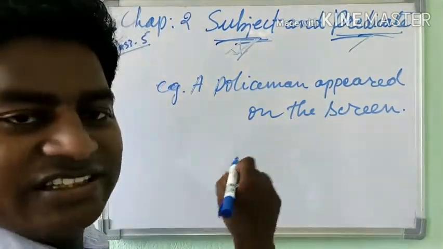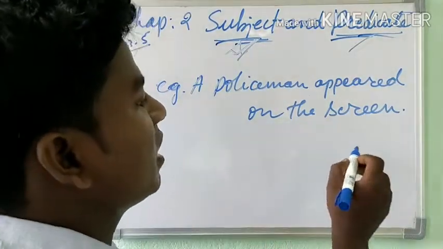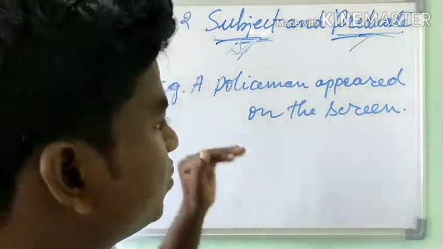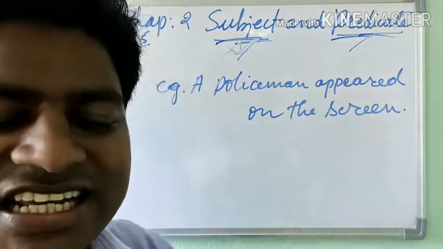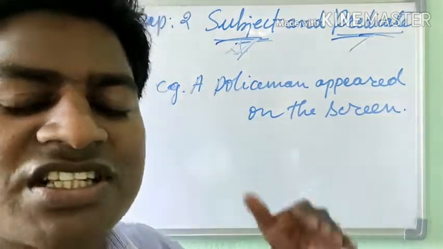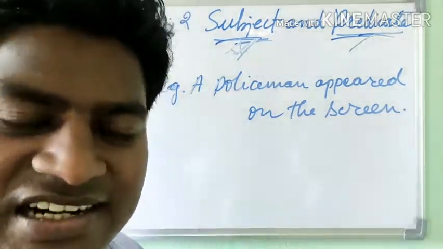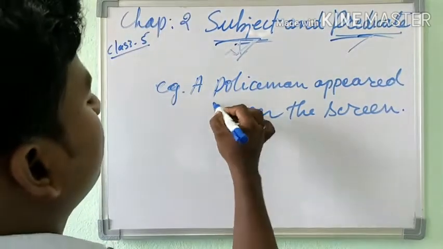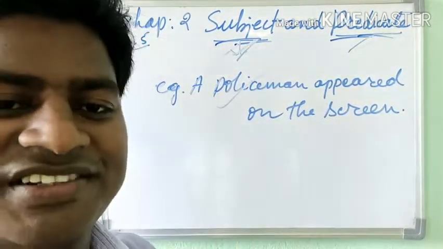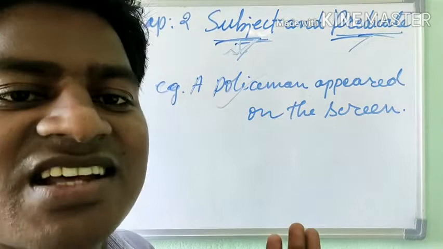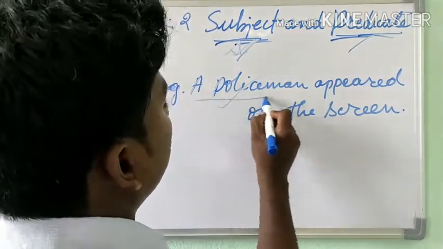So let us look at this sentence. A policeman appeared on the screen. So this sentence is telling about whom? What the sentence is about? The sentence is about a policeman.